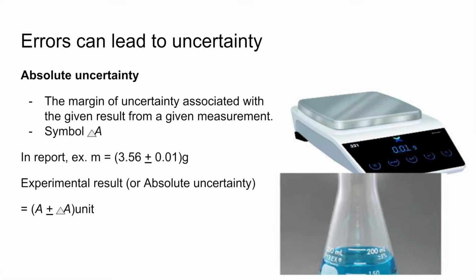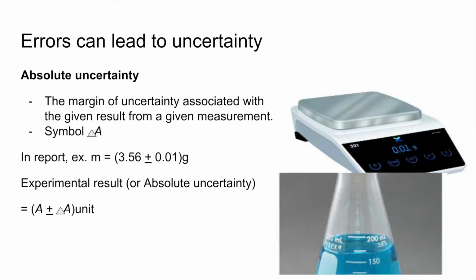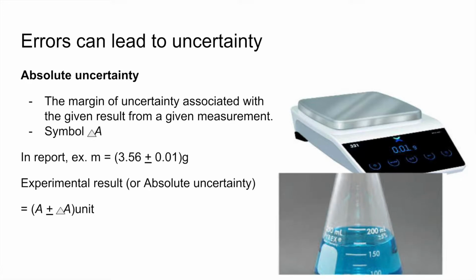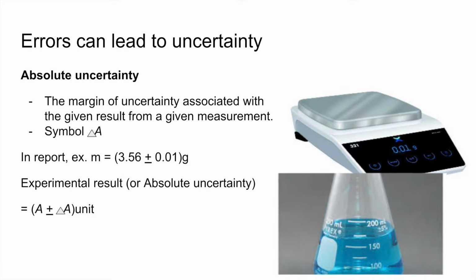What is the least gradation here? 25. So what is half of 25? Because it's half of the least, 12.5. So I'm measuring 100 ml plus or minus 12.5. Is that good? No. That's a large margin of error.